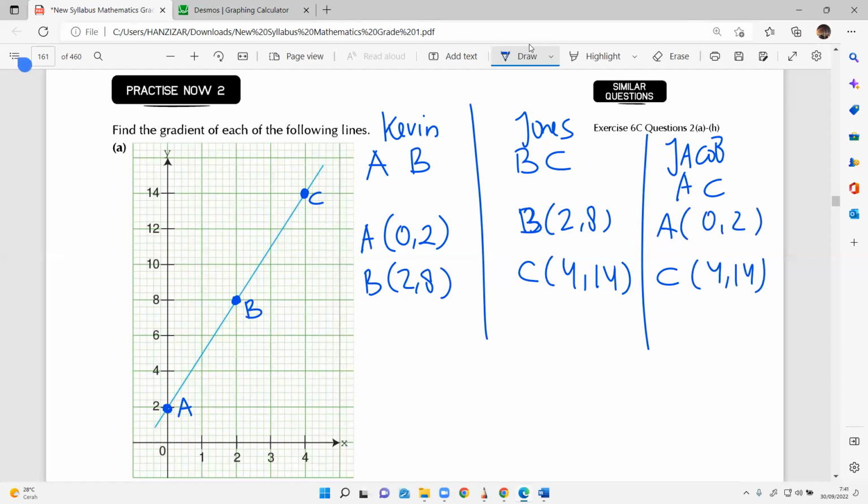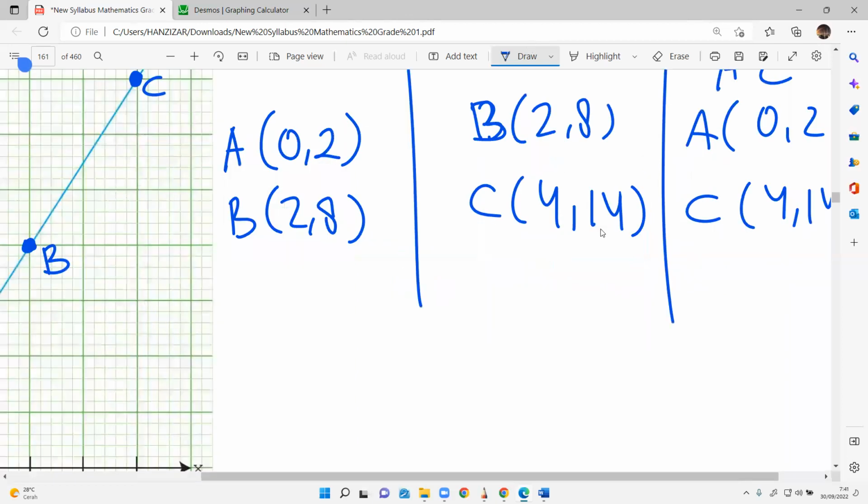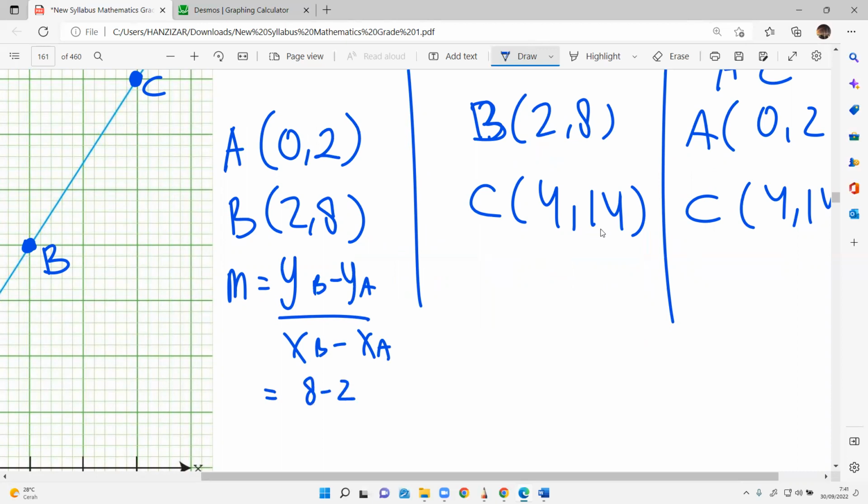Oke, coba masukin. Kalau Kevin punya formula gimana guys? Gradient m of AB equals yB minus yA over xB minus xA. Get the idea? I don't use 1 anymore. I just use AB. Okay, let's see. 8 minus 2 over 2 minus 0, right? 6 over 2, 3.